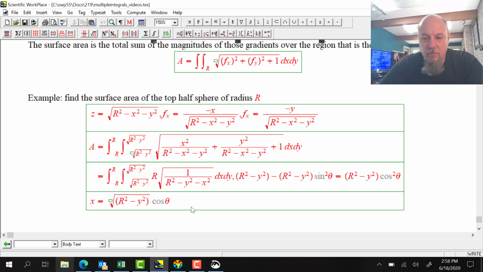If I do that substitution, then this will be a perfect square, which would mean that dx is equal to, this is a constant with respect to x, times minus sine theta.